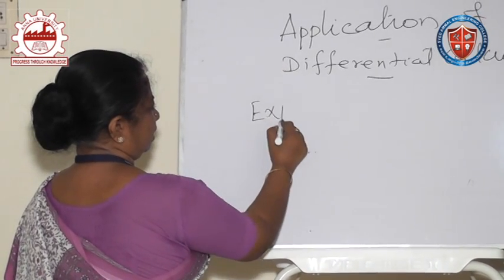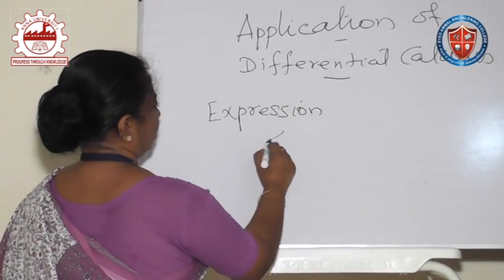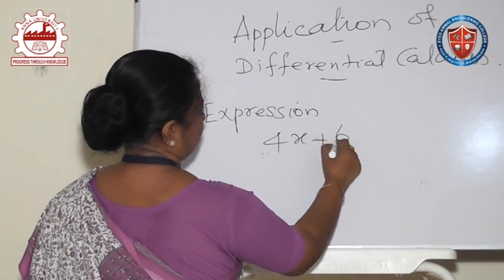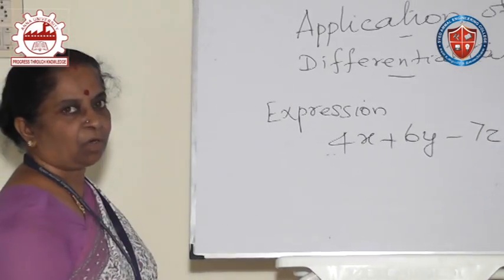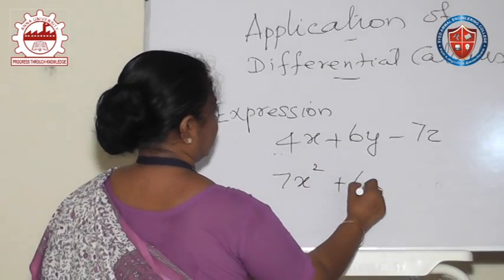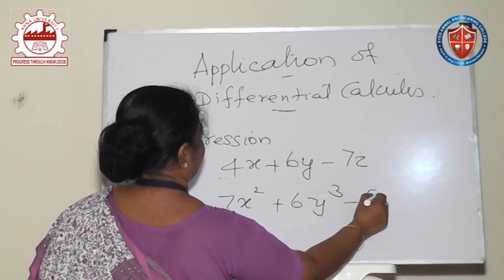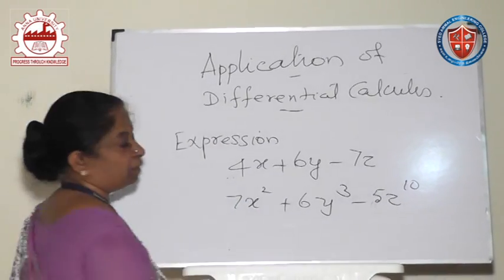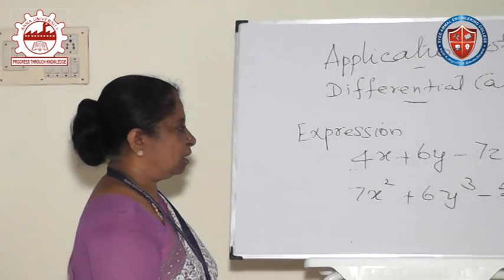So the expression we can call it, say, 4x, 6y, 7z, or otherwise 7x squared, 6y cubed, 5z power 10. We call them an expression.